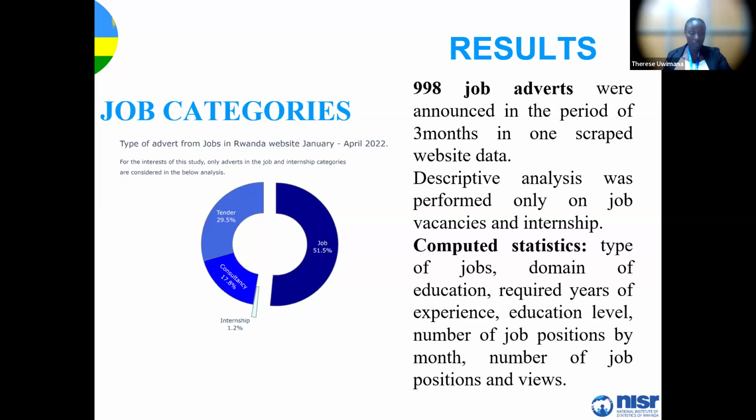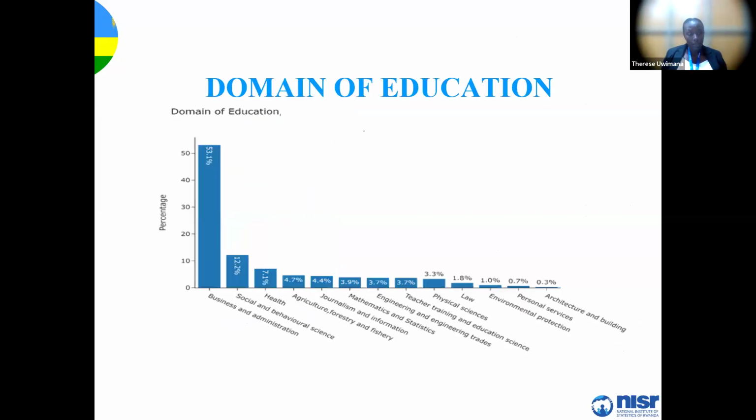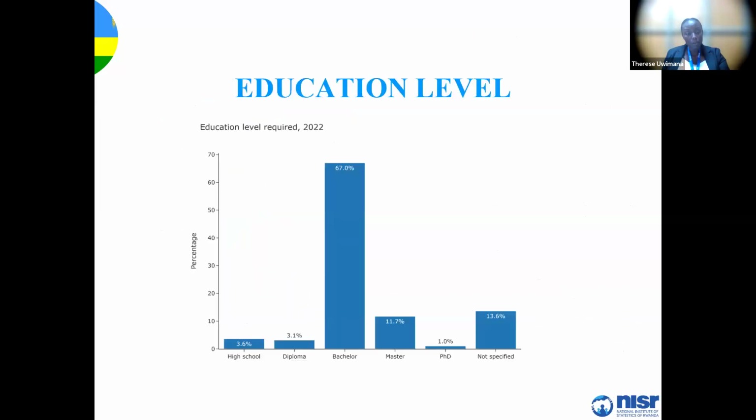If you go to the next slide, we could see which domain of education was most wanted. In that case, it was business and administration. If you go to the next slide, we could also see the most wanted level of education. In that case, it was the bachelor degree.